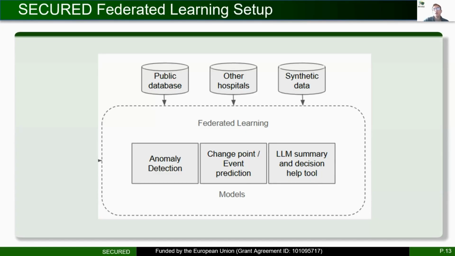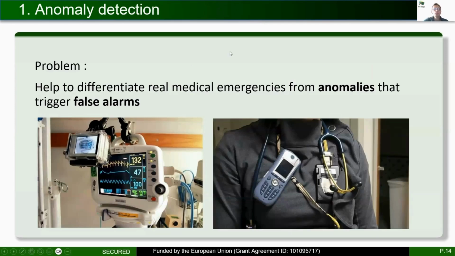Well, some of the real-world applications that we have been working on after asking medical staff are anomaly detection, change point detection, and even predictions, and also the support that large language models can give in day-to-day medical activity.